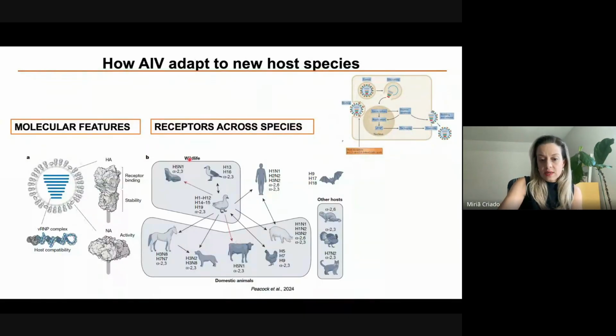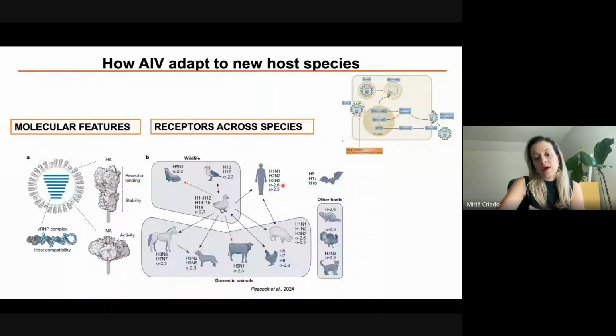And we have been seeing that we still have a predominance of this receptor in this species that I mentioned, but we have been learning that different species not only have alpha-2,3 or alpha-2,6, but can also have a mix of these receptors in different parts of the tissues.